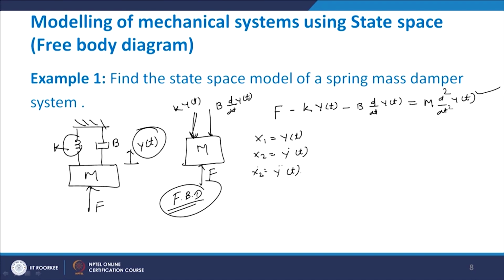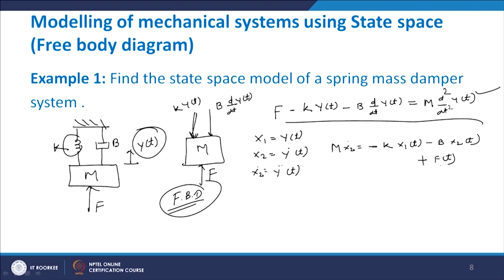So, therefore, if you see these particular equations, now we have to represent this equation in a state space form. So, these states we have to merge here. So, here we will get m x2 dot equal to minus k into x1 of t minus b x2 of t plus f of t.